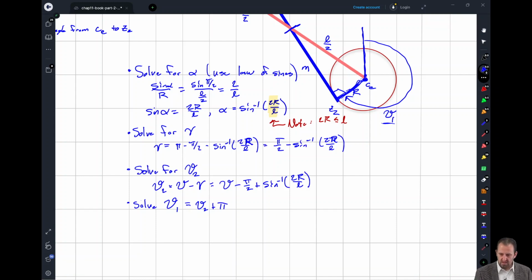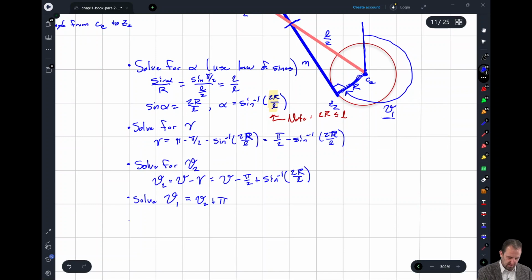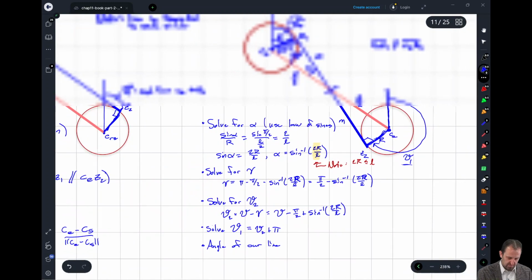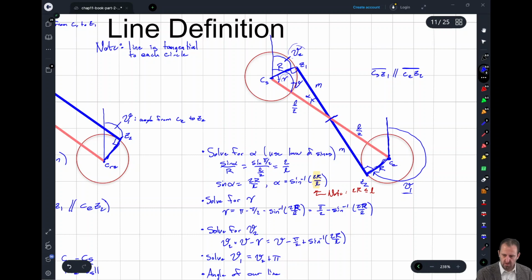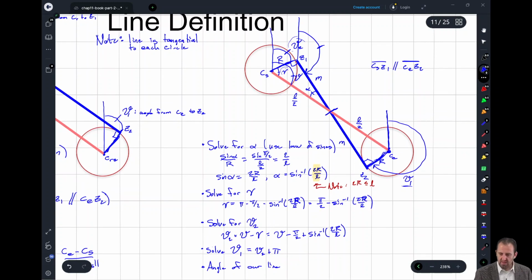Now, what is the angle of our line? If we get this just a little bit bigger, right? What we want to know is what is the angle of this guy. We don't have a name for it. So we have the angle of our line.